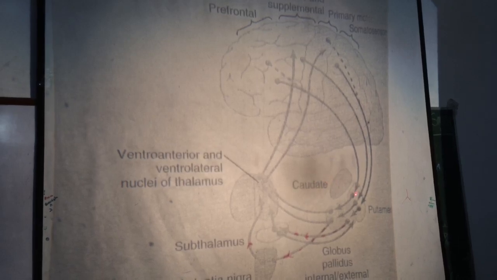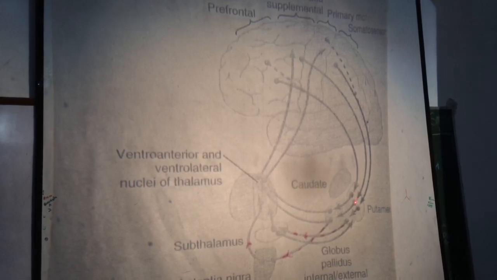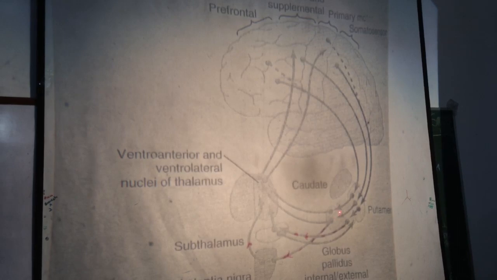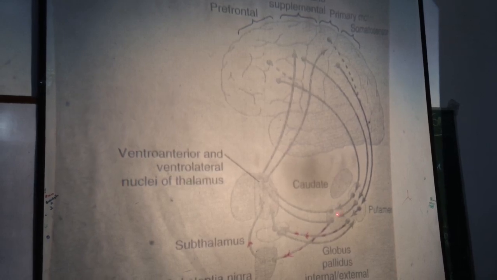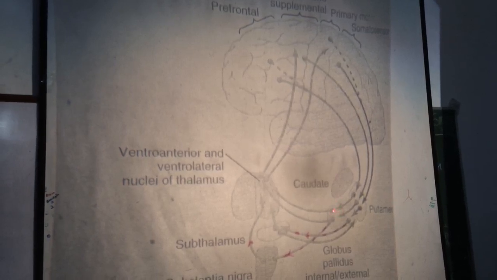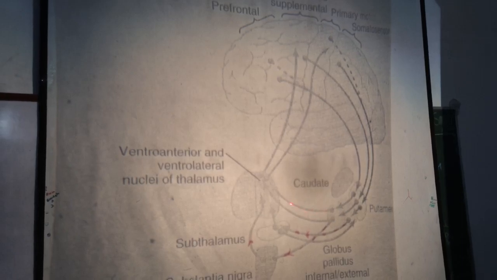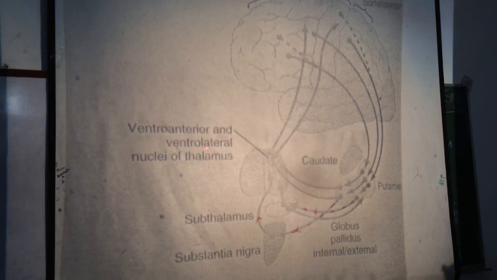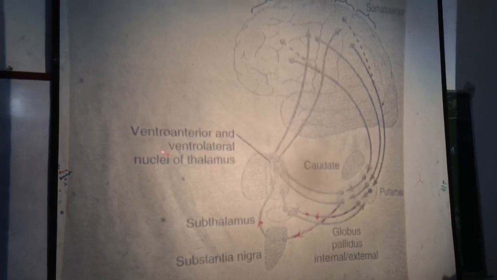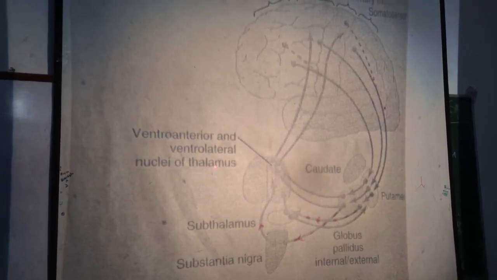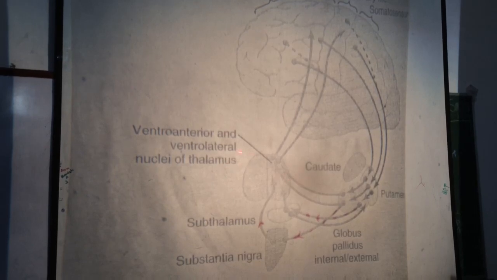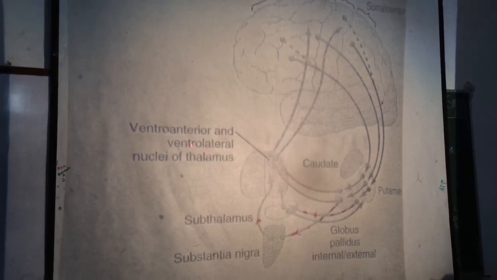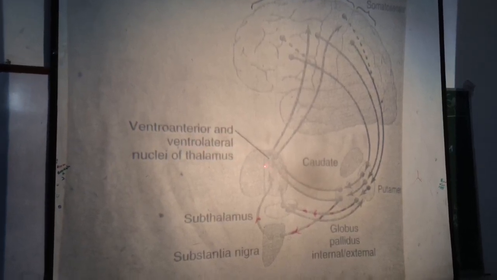From the putamen, these go to the globus pallidus, and from the globus pallidus, the nerve fibers pass to the ventro-anterior and ventro-lateral nuclei of the thalamus.